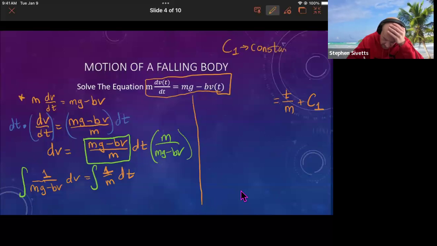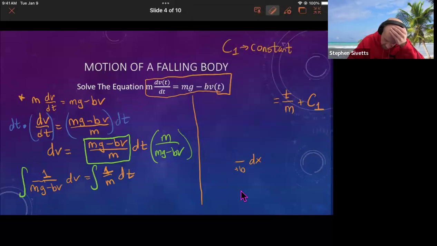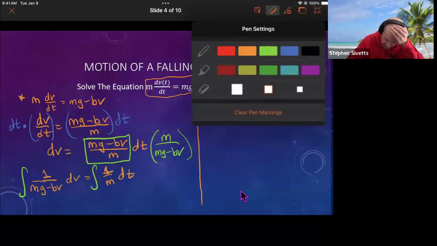Constant. All right. And there's an antiderivative for an integral that looks like this, I believe. But it's better off if I just use substitution for the left-hand side.